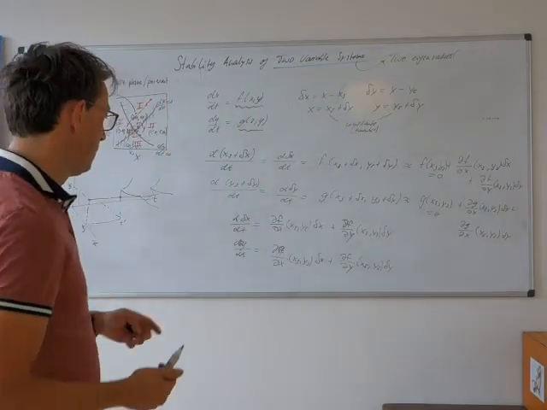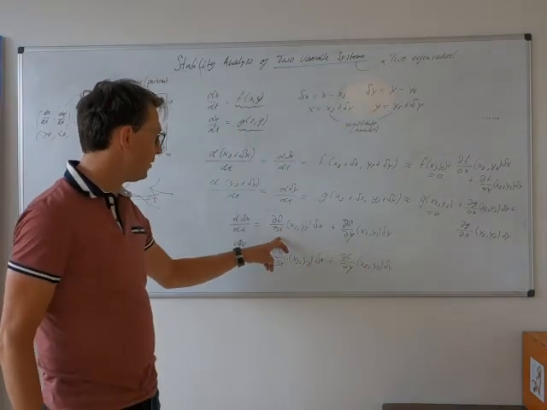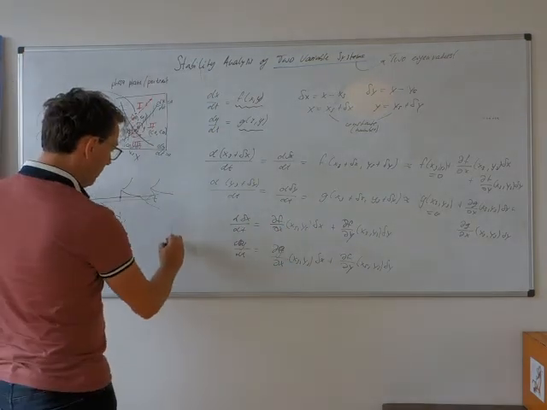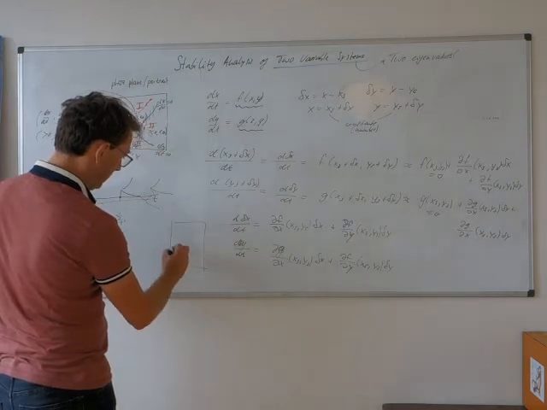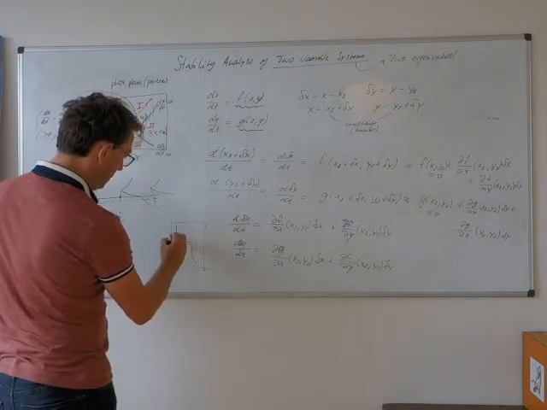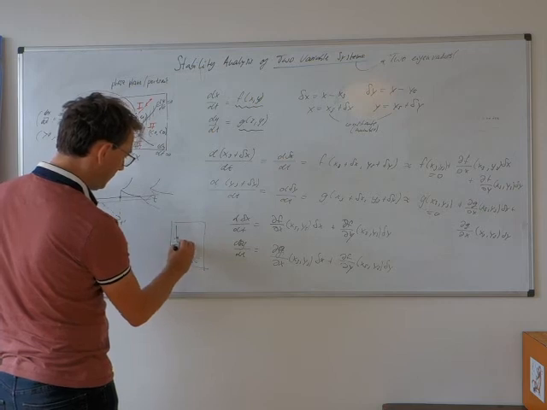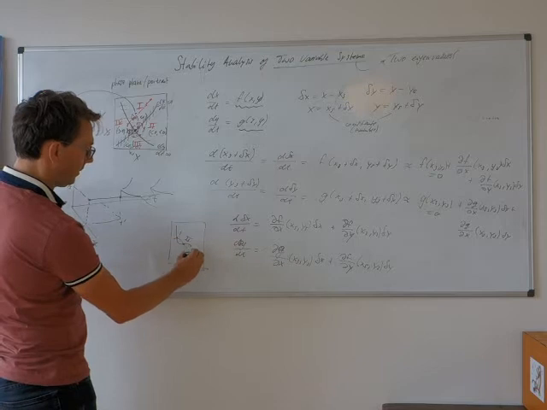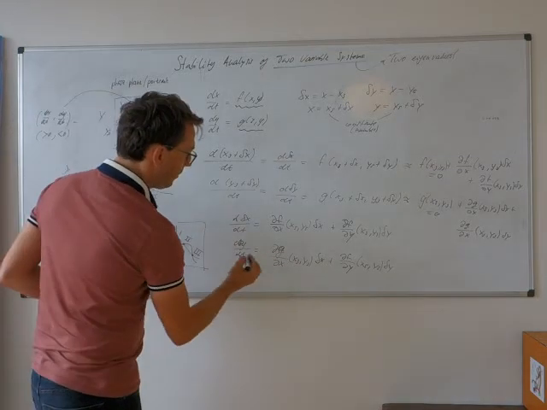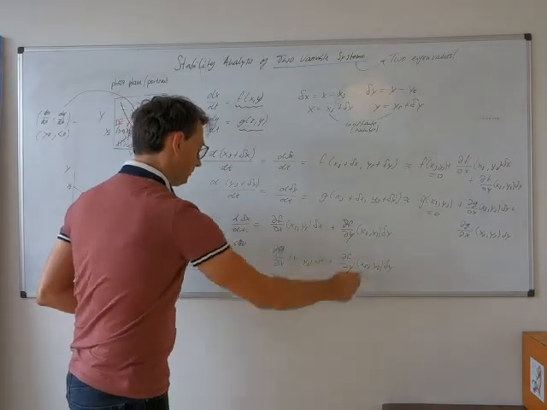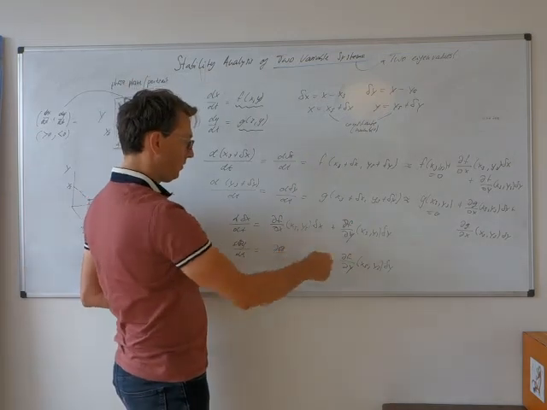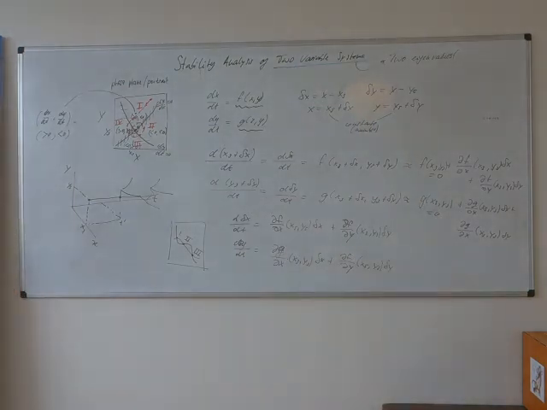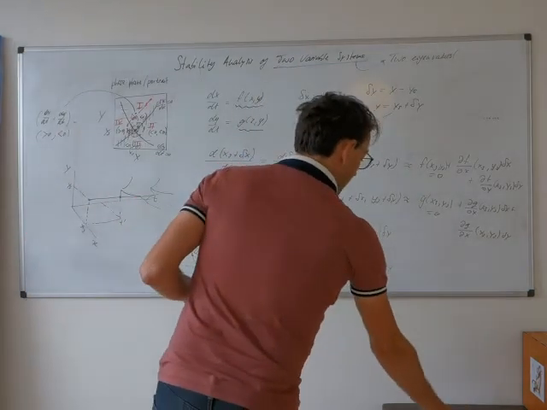Okay? So these are the slopes of f with respect to x, and then you substitute the steady state values, right? So if you look at the phase portrait and you know there are multiple steady states, then you have to do that for each steady state, okay? So you have 3 times this equation. For steady state 1, these 4 values, for steady state 2, these 4 values, and for steady state 3, you have these 4 values.